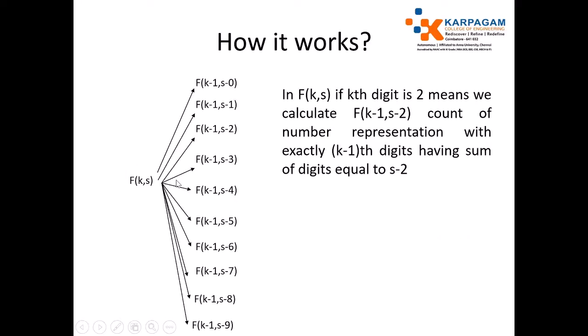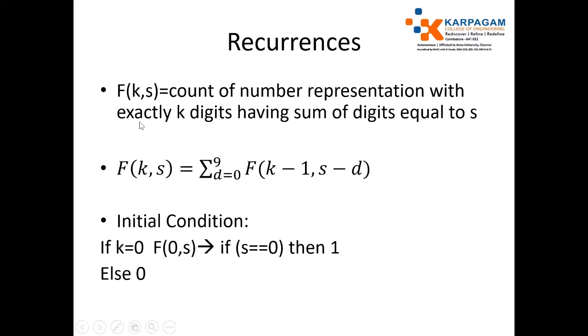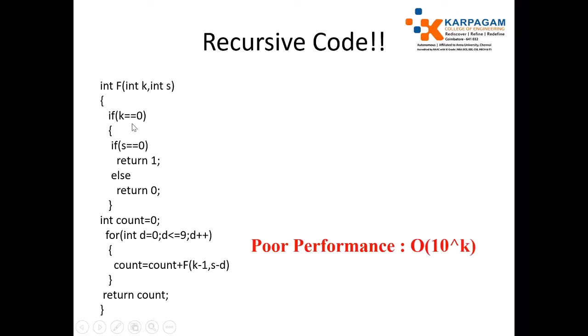After forming the recurrence, we can solve this problem by using recursive code. Just write the function with arguments k comma s. If k equal to 0, that is the initial condition which I discussed here, just check if s equal to 0. If s equal to 0 it means the required sum is 0, so it returns 1. Otherwise, return 0. This is the base condition.